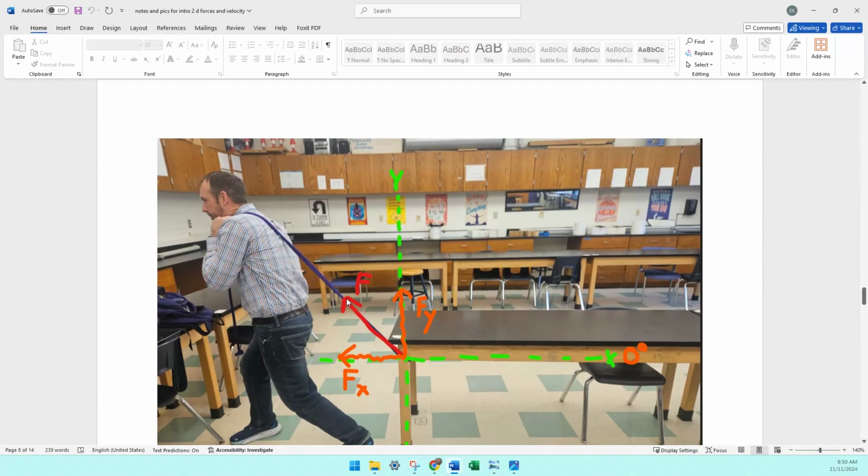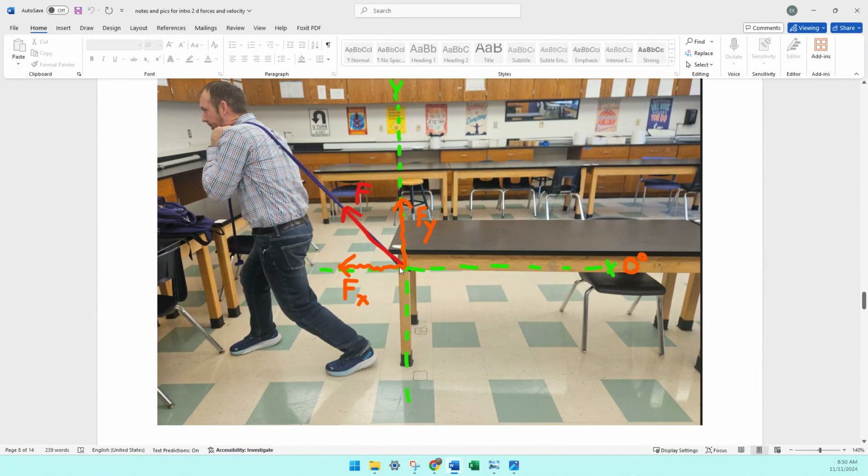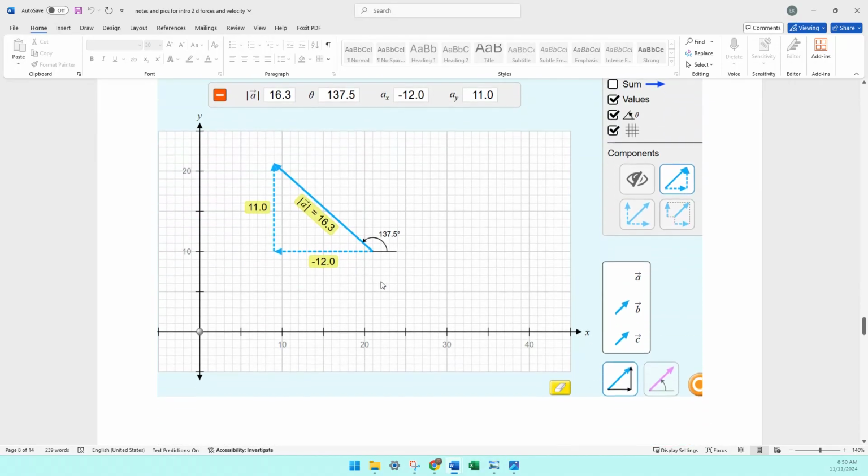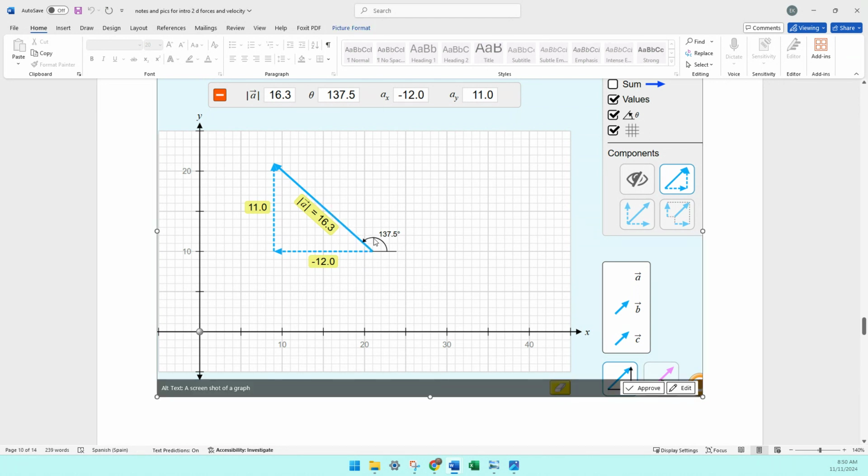So if we go down here, there's an x component of this force, and there's a y component of this force. And we can find the values of those as long as we have the angles. And I'll show you that in a second. So this is a replication of what I just showed you in that picture. You have this upward force, and we have an angle.